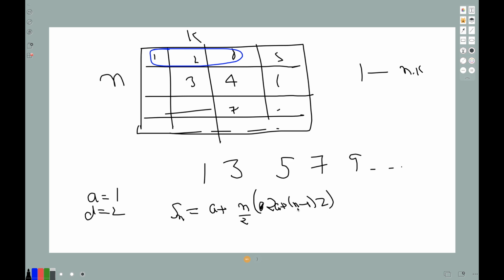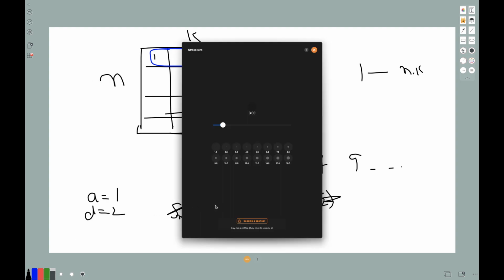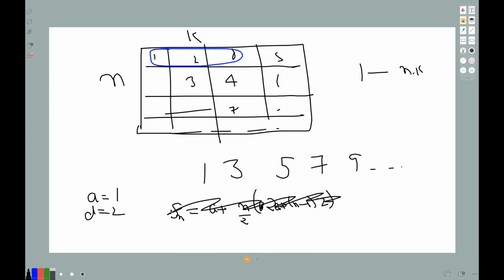And if you were to calculate this, okay, I don't know if I can actually derive it right now, but the sum of first n terms here is equal to n square.